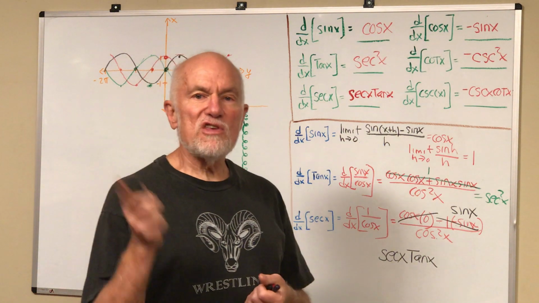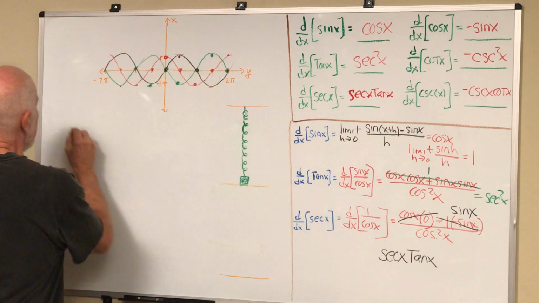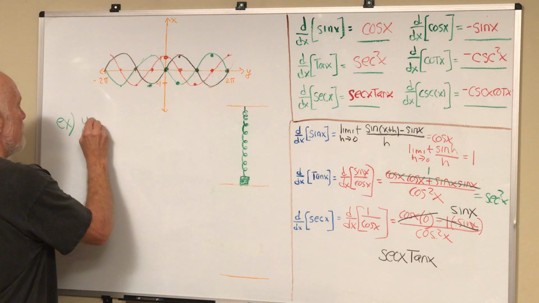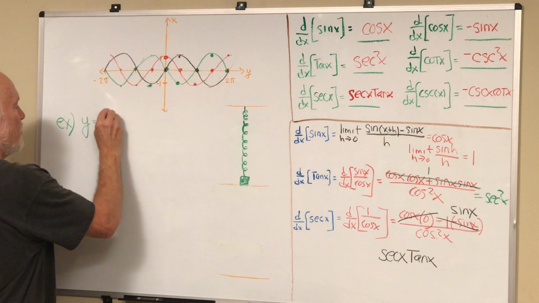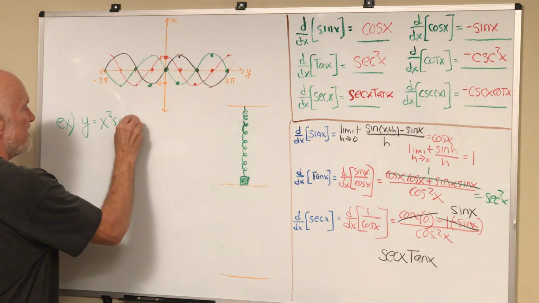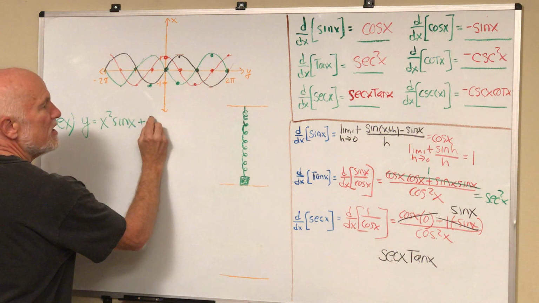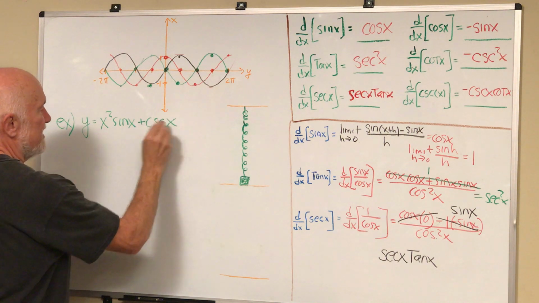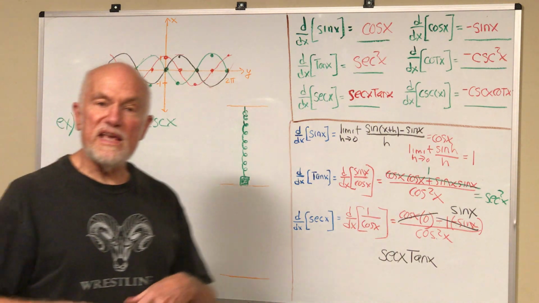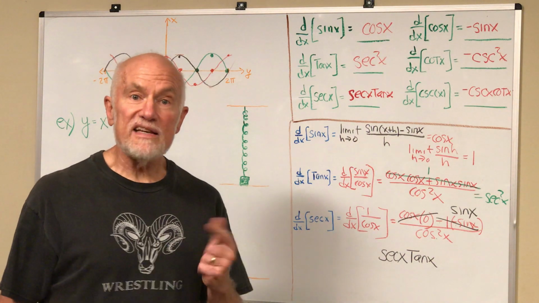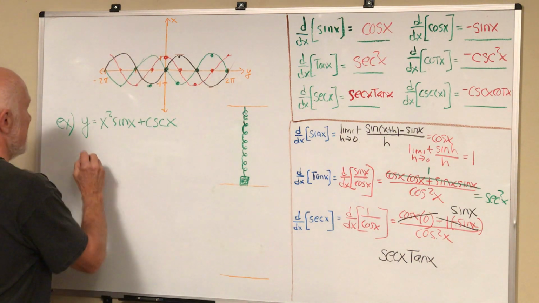So let me just give you one example. Say we had y equals x squared sine of x plus the cosecant of x. I think you agree, a pretty complicated looking function. But we're already set to take the derivative of that.